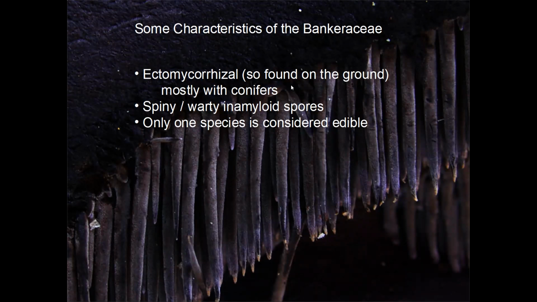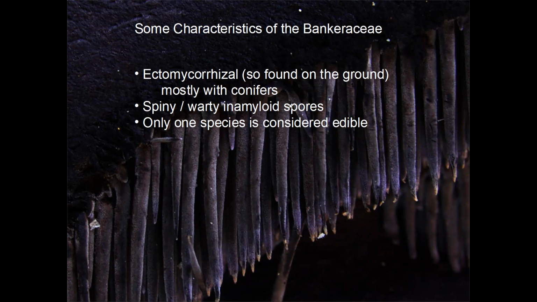The Bankeraceae, the tooth fungi in this group, are mostly associated with conifers, particularly out here. Back in the east and in England, they're much more common. Some of them are more commonly associated with hardwoods, but we don't get some of those species out here.